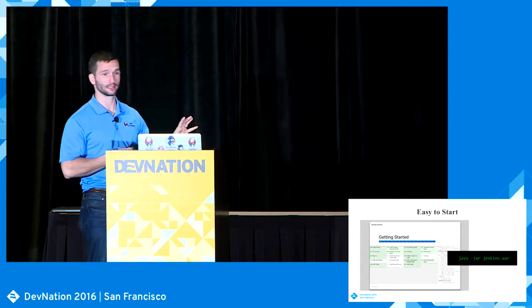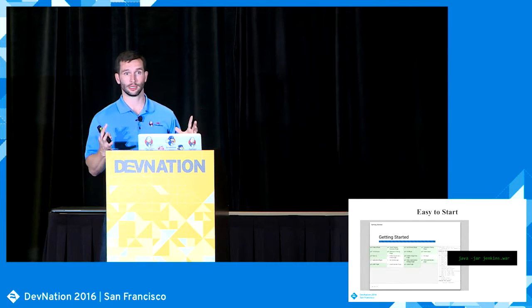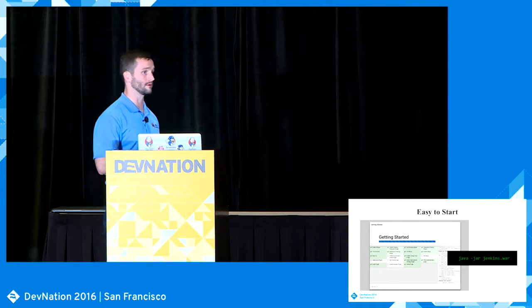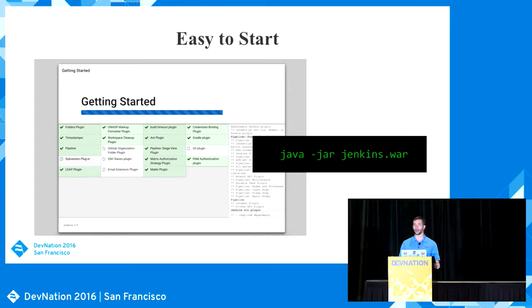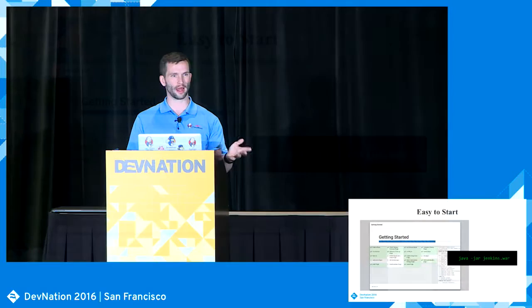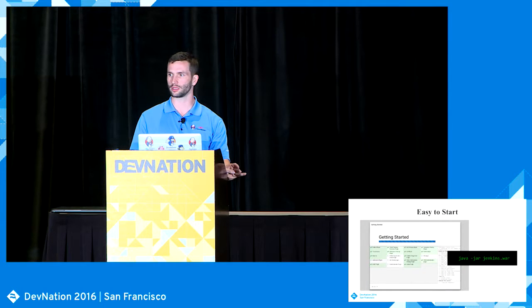If you haven't seen it, small shout out for Jenkins 2.0. Jenkins 2.0 has further enhanced that getting started experience. With Jenkins 2.0, you can fairly seamlessly install a recommended set of plugins from the community. One of the things that used to be a little painful is you had to be smart to know. There are about 1,100 plugins in the Jenkins open source community.